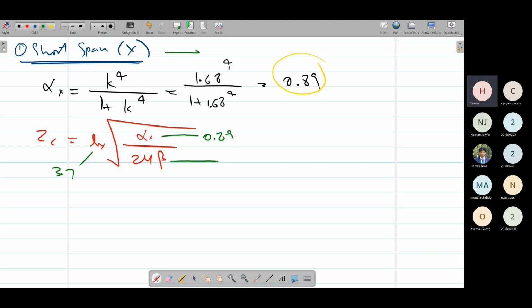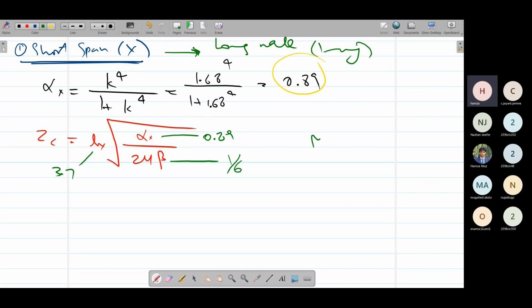Remember, the short span would touch the long wall, and if the long wall is one way, we are going to use beta as 1 over 6. If the long wall is two way, then we check in the long span. But if the long wall is one way, we are going to use beta as 1 over 6.